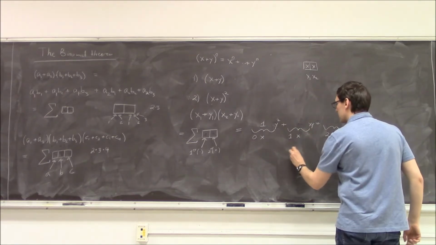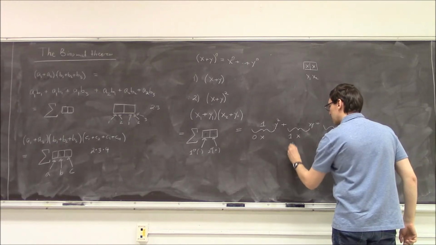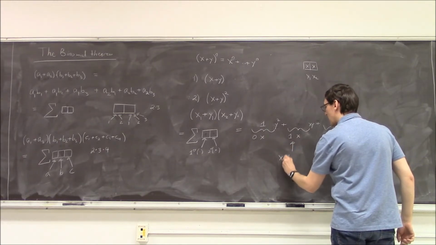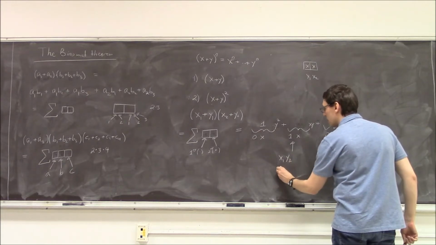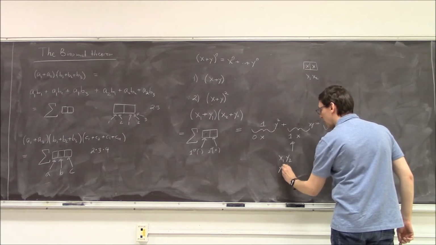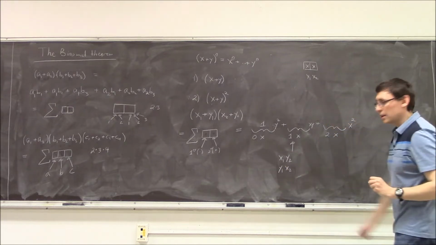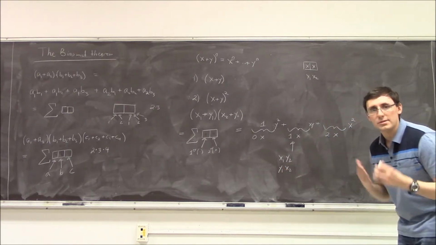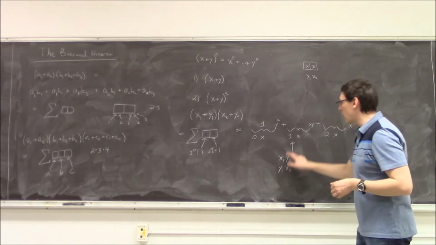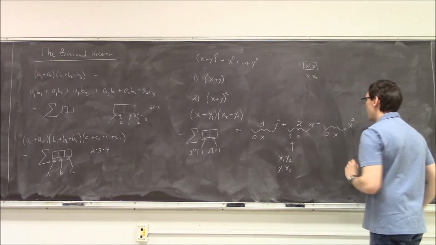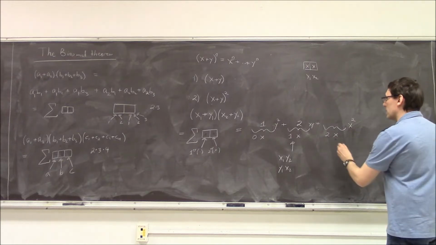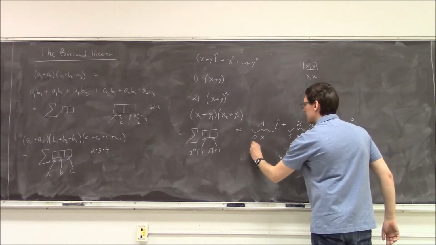Well, it would be either x1, y2, or y1, x2. So one of the boxes is occupied by an x, the other by a y. So how many ways to do that? Clearly there are two.